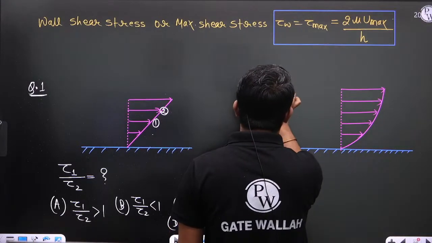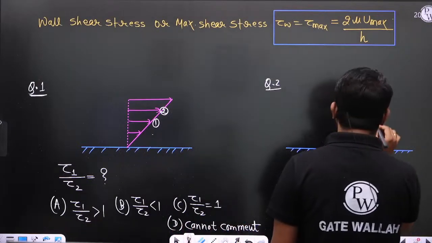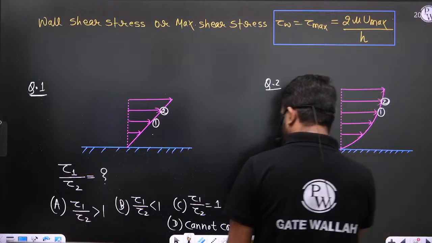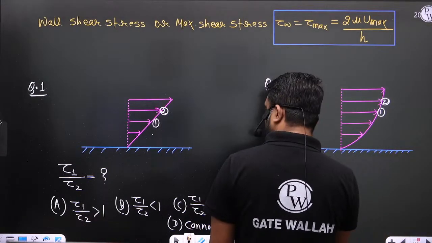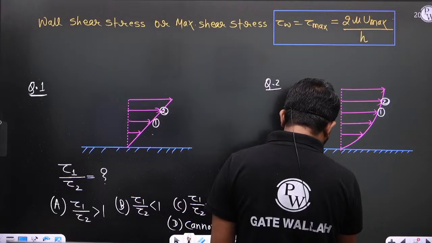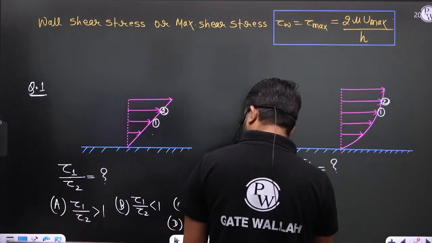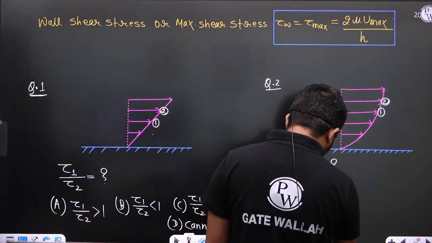Let us consider this is question number 2. Again, in question number 2 also, let us consider this is layer number 1 and this is layer number 2. So that is the same question: what is tau 1 by tau 2? Option A, tau 1 by tau 2 greater than 1.